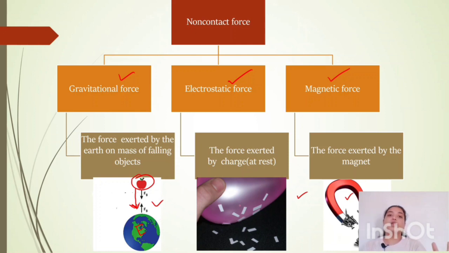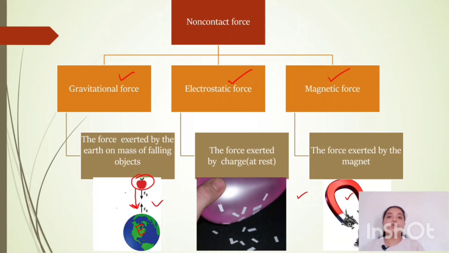Now I am having a balloon. I have taken a balloon, I have rubbed the balloon on my hands or on any woolen surface. What will happen? The balloon will get charged, right? Now I am going to take this balloon towards tiny pieces of paper. What will happen? Those pieces of paper are going to be attracted towards that charged balloon.